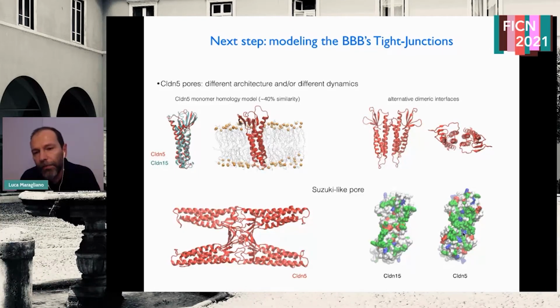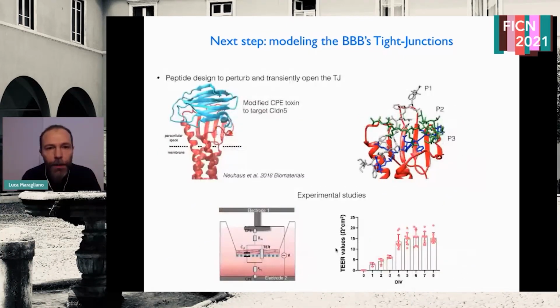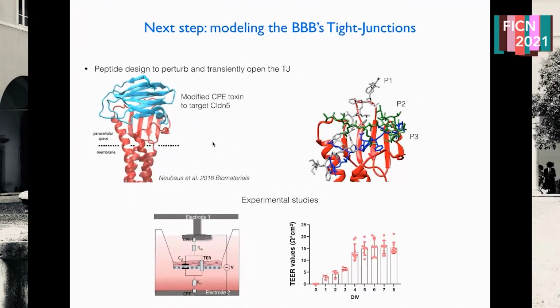In particular, in claudin 5, there is no ring of charged residues at the constriction site. There are other positively charged residues, but they are more distributed, and they are in regions of the pore that are wider. And so we are also looking at peptides in order to transiently open the tight junction.